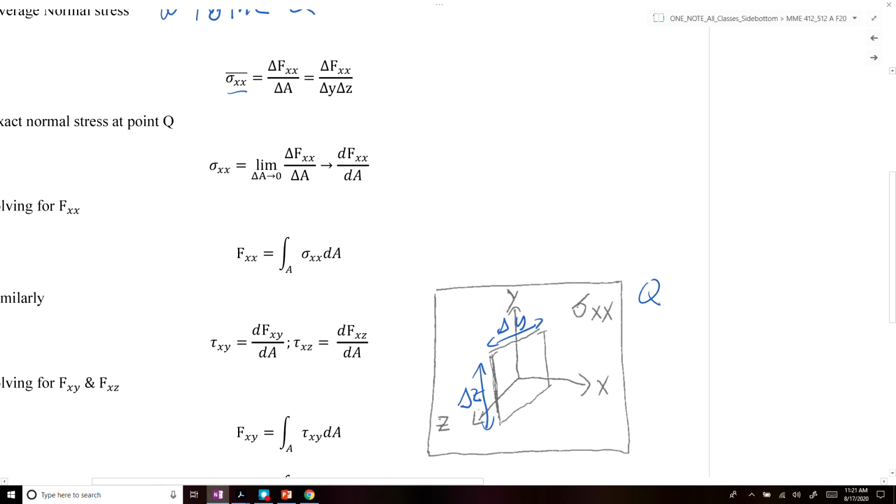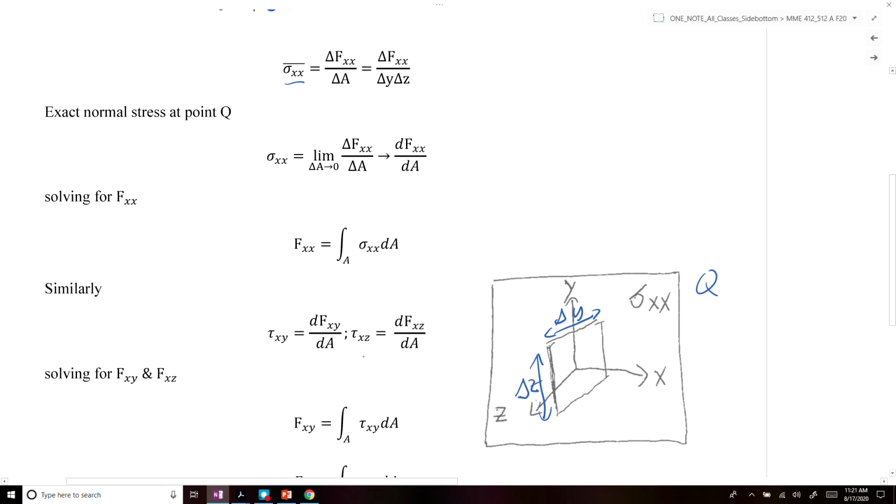Using calculus, as our area becomes very small, sigma xx is equal to the differential dFxx divided by dA.